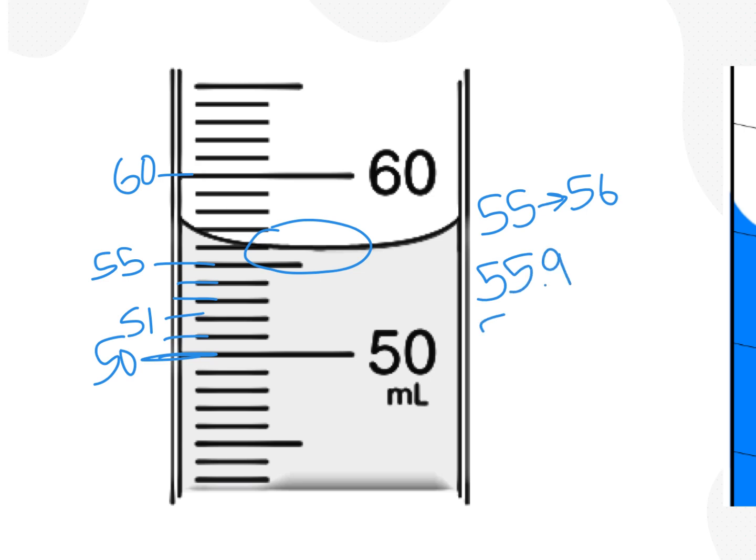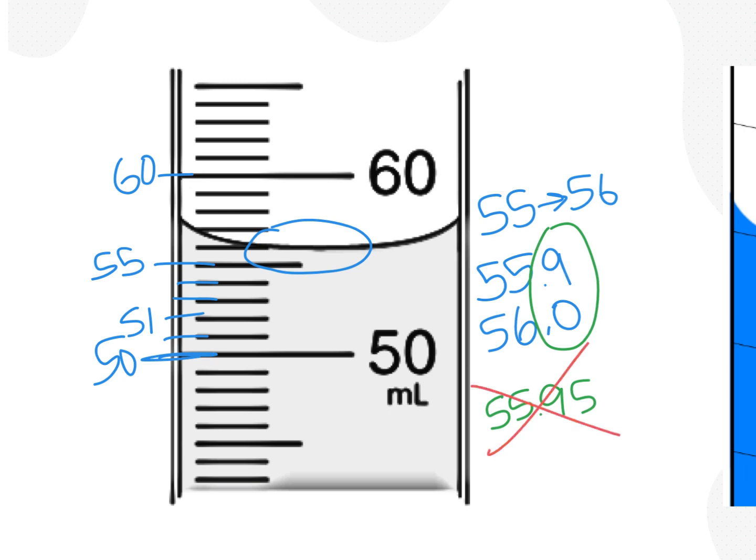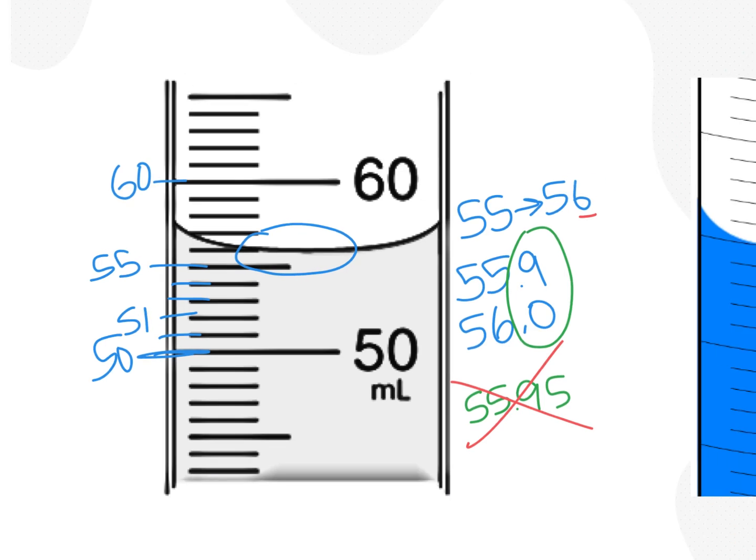Maybe you went with 56.0. That's totally fine. We are guessing only one digit past. 55.95 is not it. We can't guess that many, but we can guess just one digit past, to the tenths place, because this measuring instrument is measured to the ones place. So I get one digit past.